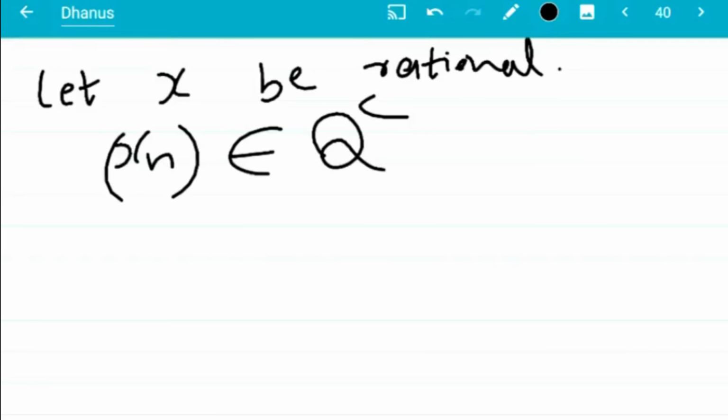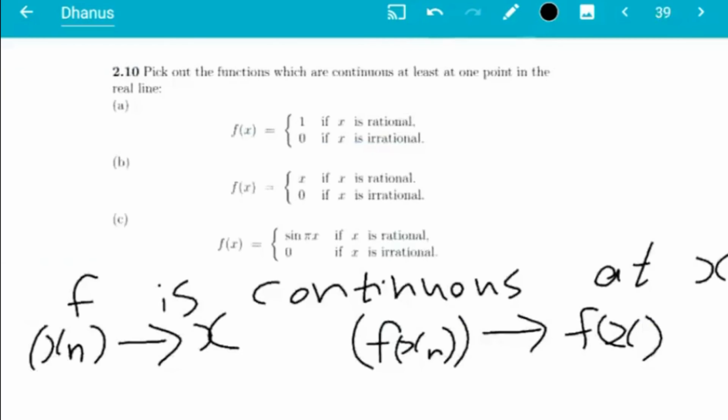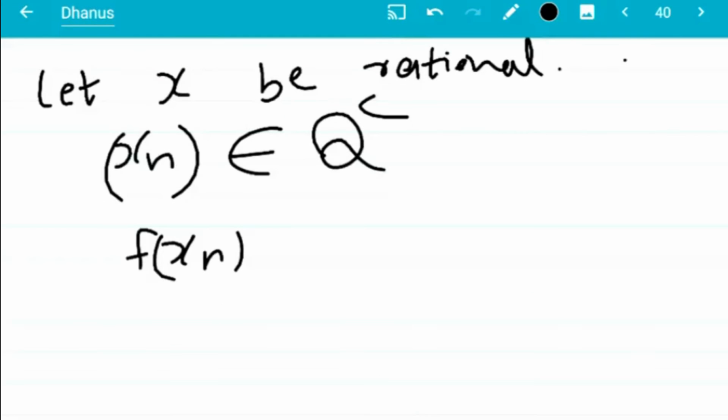Here xn is an element of Q complement, that is, xn is an irrational number. Then f of xn will be... x is rational, so f of x is equal to 1 and f of xn will be equal to 0. This sequence xn does not converge to 1; f of xn does not converge to 1.